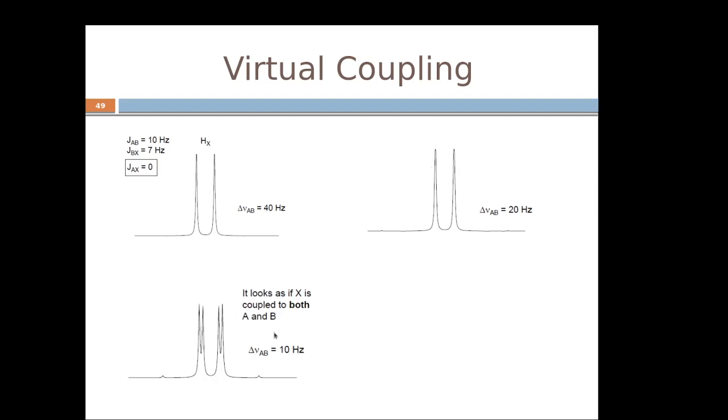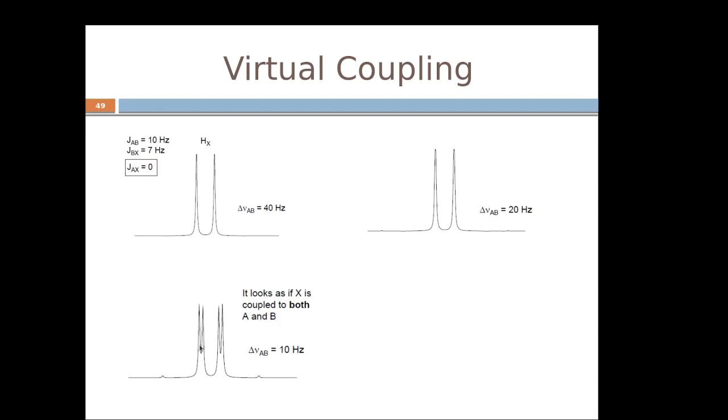And once the separation between the resonance frequencies of A and B gets further reduced, when it becomes 10 Hertz, the separation of the X peaks becomes further reduced and each peak gets split into a doublet.